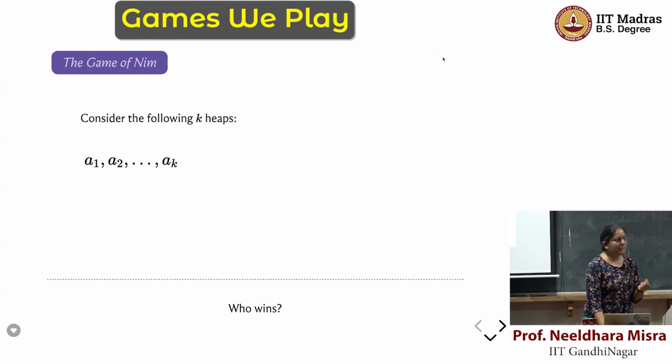Okay, so in the last 5 minutes, I'll just tell you a little bit more about Nim. We had all these special cases. At some point, you get tired of doing the special cases and wonder whether there can be a general thing which says: I have some K heaps, they have some sizes, can't I just look at it and tell you who wins this game?